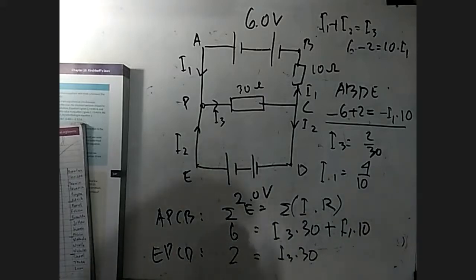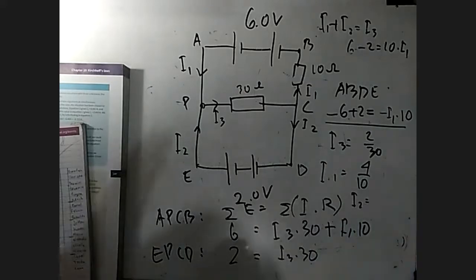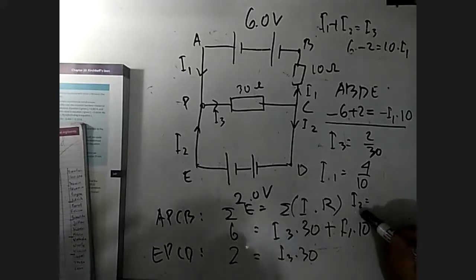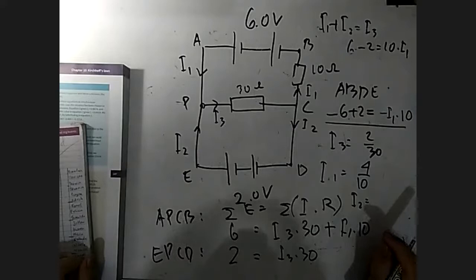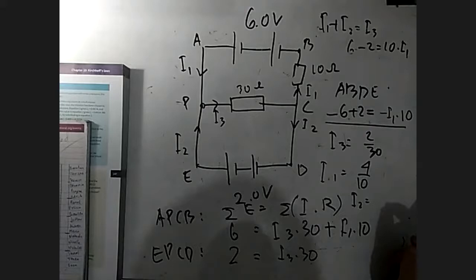Okay, Eugene, find me current number 2 then. Eugene is absent. Oh, okay. Well, I hope he can also. Edric then. Edric, find me current number 2. Hello?